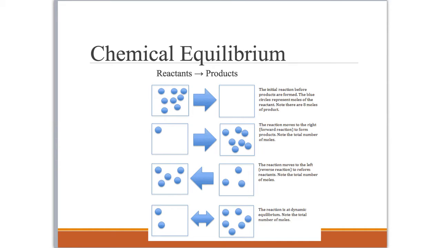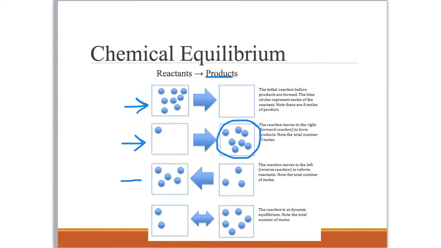In chemical equilibrium, we have this situation between reactants and products. You start off perhaps with only reactants, and as the reaction occurs, we are moving to products. In this second situation, this is a reaction that favors the production of products, because you can see we have a lot more products over here when we're done.